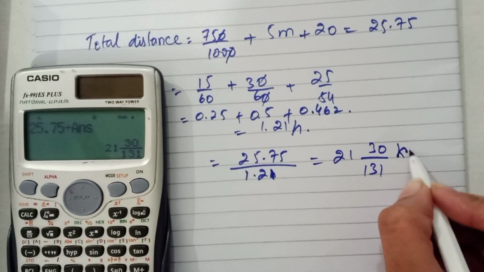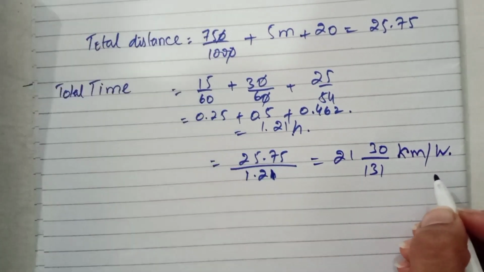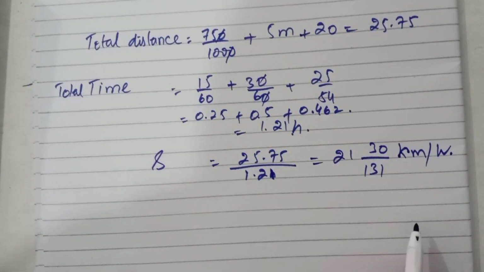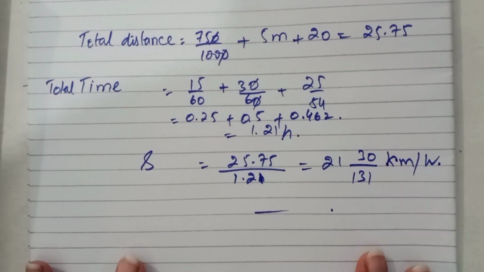Speed formula, kilometer per hour. Now students, that is the speed we have to find in this question. Now students, question number 7 is solved.